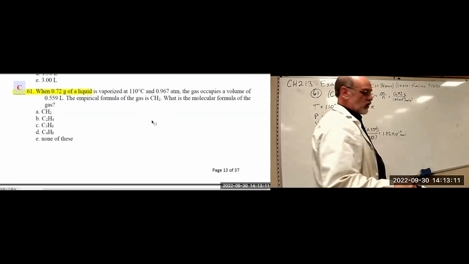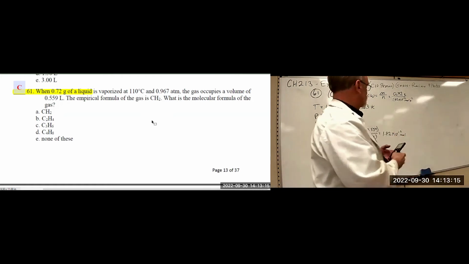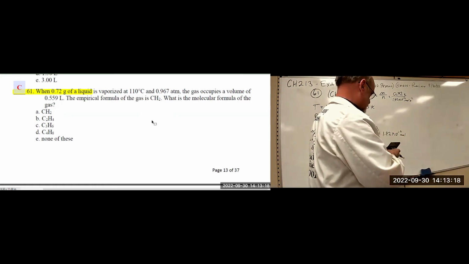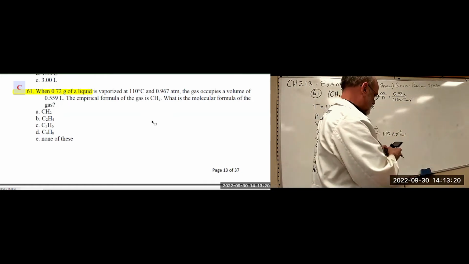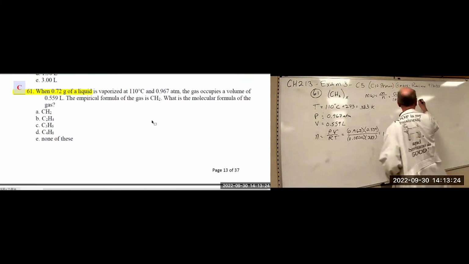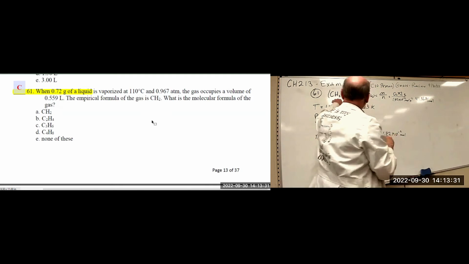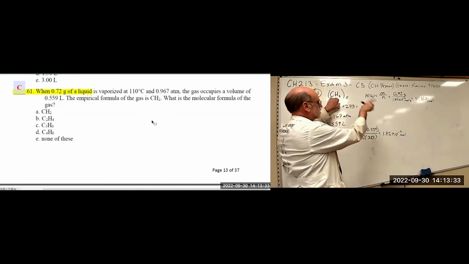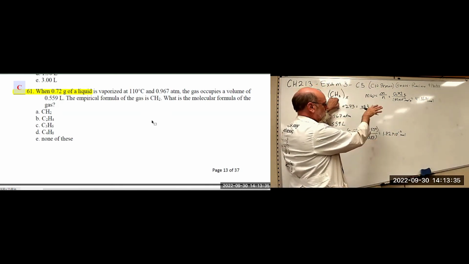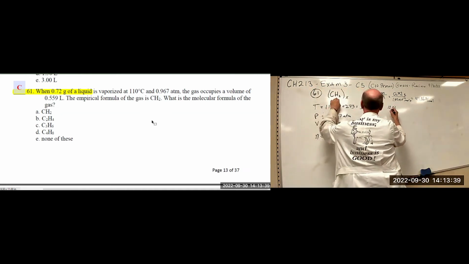And that will give us the true molar mass of the gas, the material that was vaporized. 41.86 grams per mole. Okay, so what's the empirical weight? That's the true molar mass. The empirical weight is 12.01 plus 2.02 for 2 hydrogens.